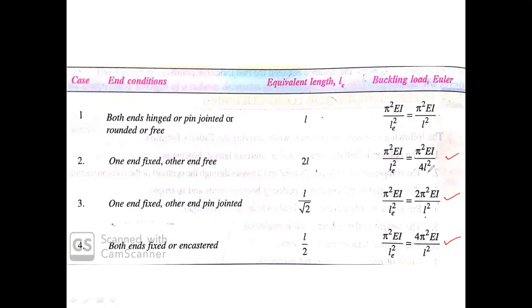You know these values, isn't it? So here, effective length is equal to 2L. Then what will be the value of L?